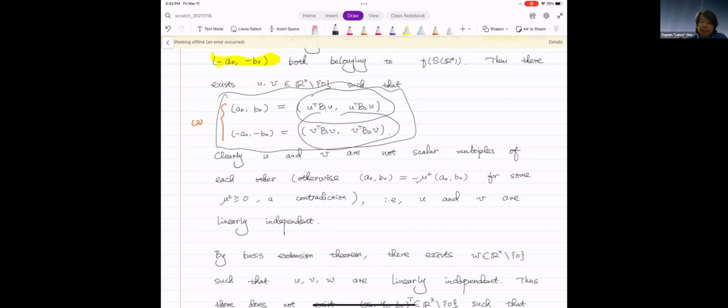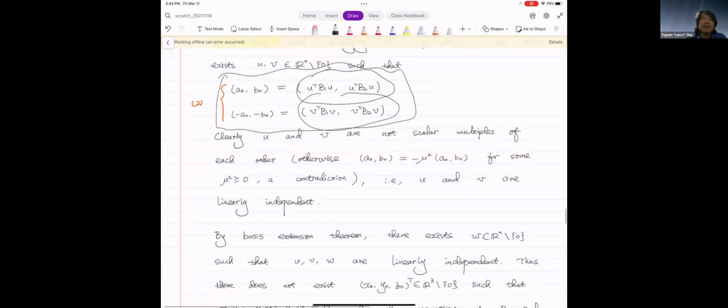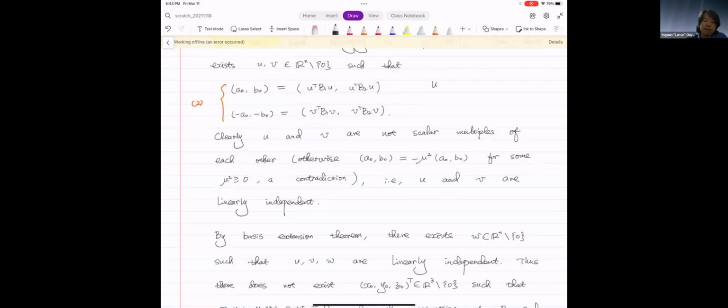What's going to happen is that there's no way that u and v are going to be scalar multiples of each other, because if u and v are scalar multiples of each other, say u is equal to mu times v, then here I can plug in mu times v. So on the left hand side I am able to connect this point and this point by saying that a0, b0 is equal to negative mu squared times a0, b0.